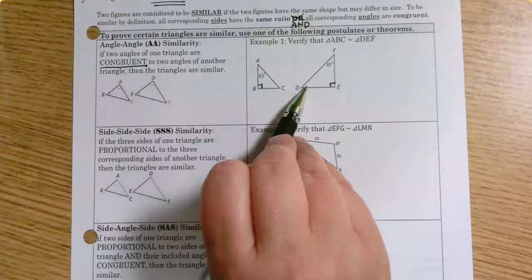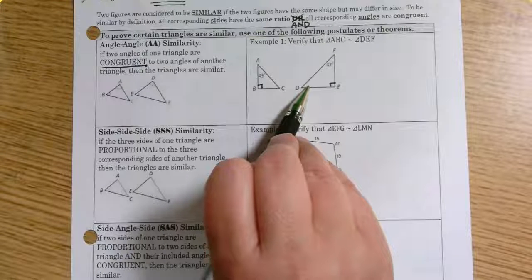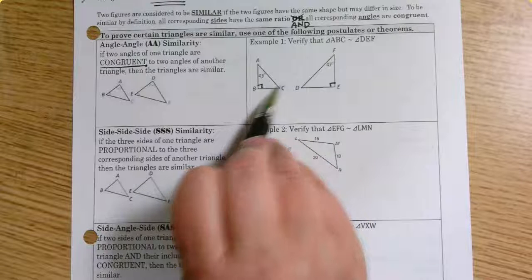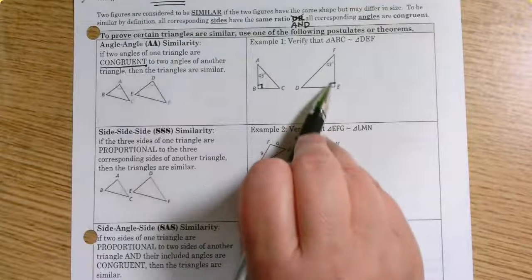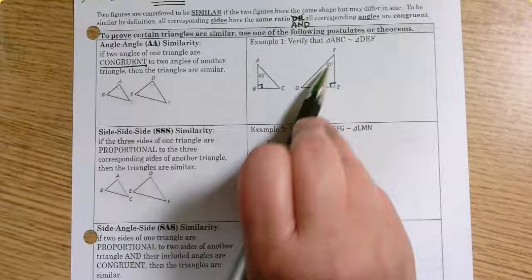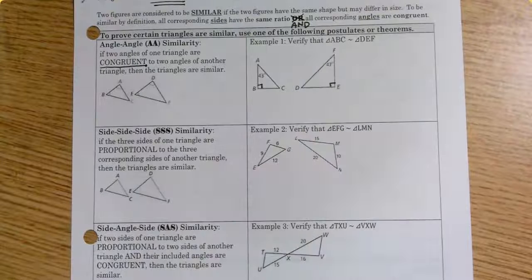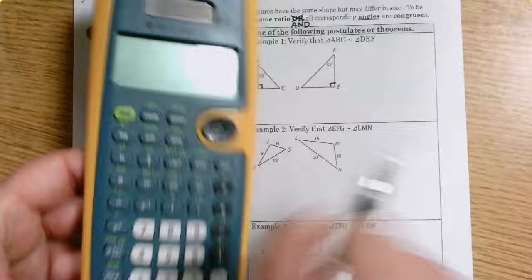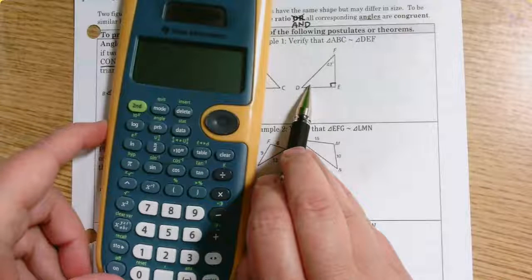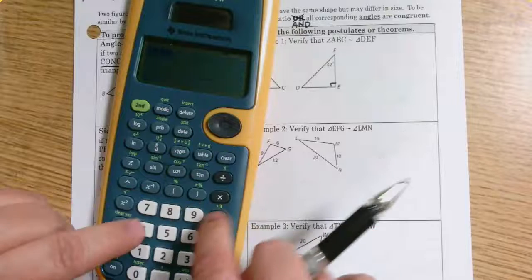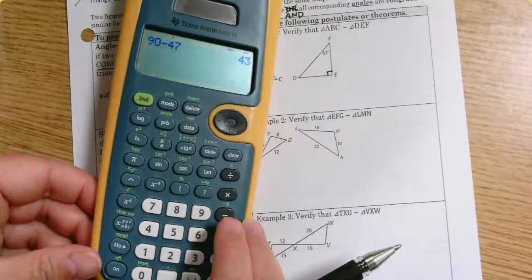So we need to find one of these two angles to find out if maybe it's a 43 over here or a 47 over here. And that's exactly what does happen. In a right triangle, remember the two acute angles, the two angles that are not right, have to add up to 90. So if I do 90 minus 47, that will give me this angle right here at D. 90 minus 47 gives me 43.